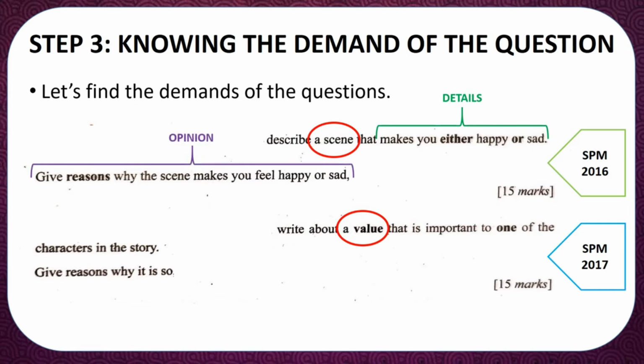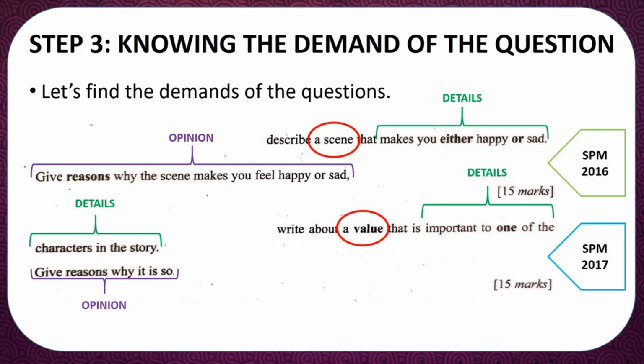So this is opinion. Now let's look at SPM 2017. Write about a value that is important to one of the characters in the story. That is the details of the question. So basically you need to talk about one characteristic of the character, and followed by give reasons why it is so.